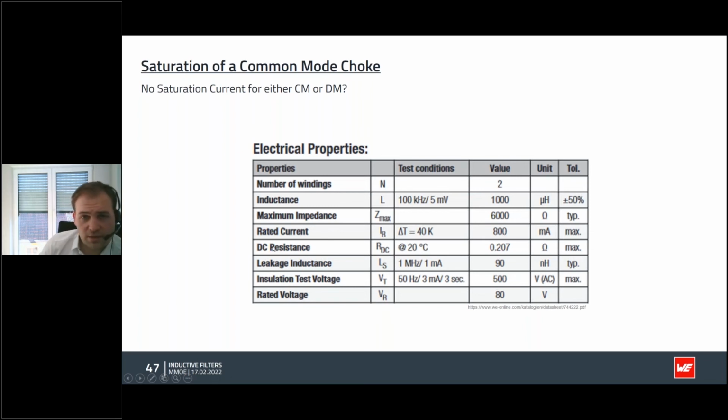This could mean two things: either that the choke is never saturated, or has a very, very large saturation current that is not plausible to achieve with this choke or with a wire, or that the choke can be saturated very fast, so it doesn't make sense to include any current here. And the truth is that it's both.